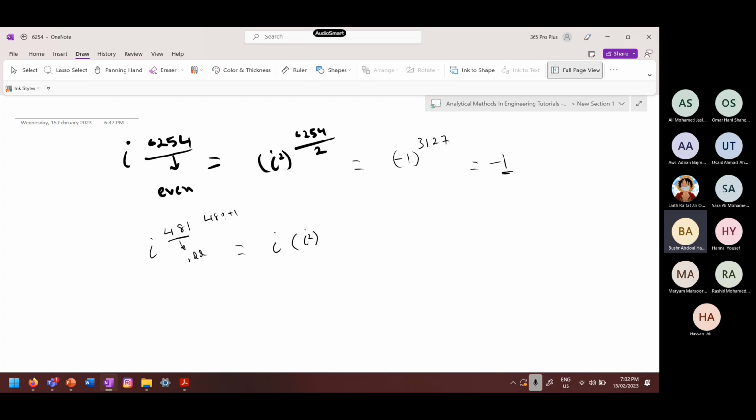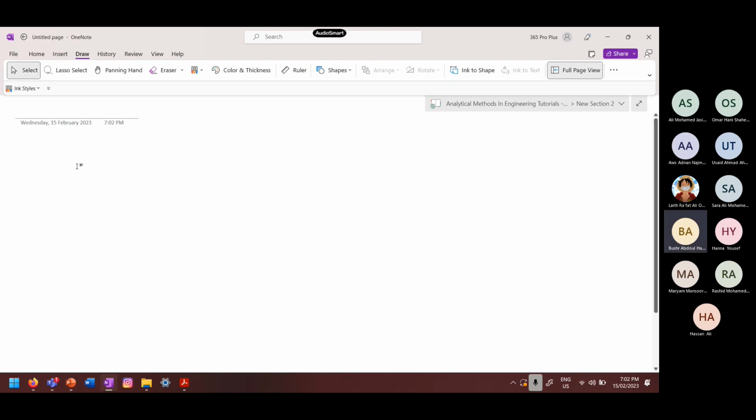And you will divide it by 2, which is going to be 240. Now you will check, is this number even or odd? It's even. So i squared, which is also -1, will become just 1. 1 multiplied by i is just i. Check it with your calculator if you want to. That's for the i, if you're just using the i to the power n term.